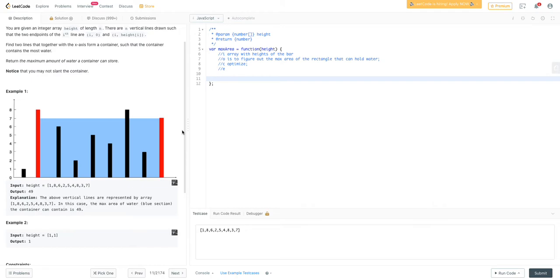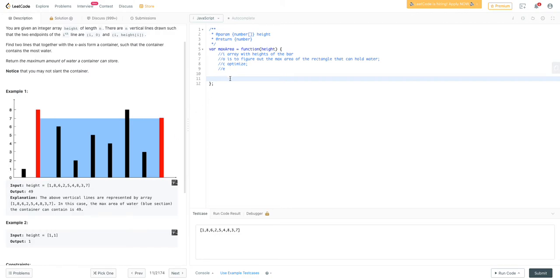I guess the simplest way we can try to solve the problem is by checking every single scenario, right? So basically starting with the left and comparing the whole thing, then moving to the right, comparing the whole thing, and so on.